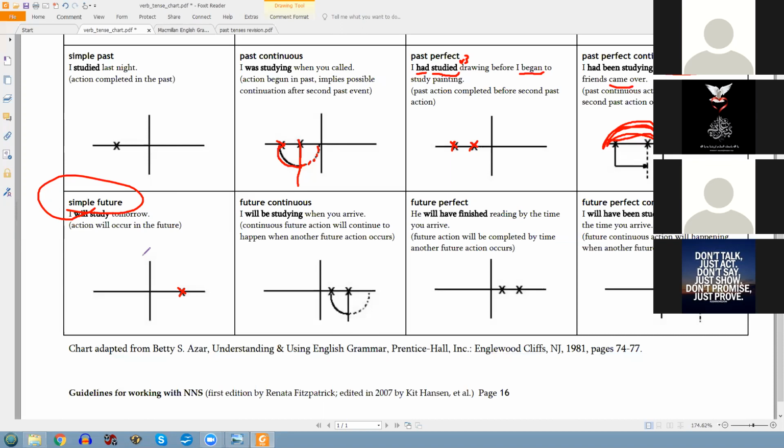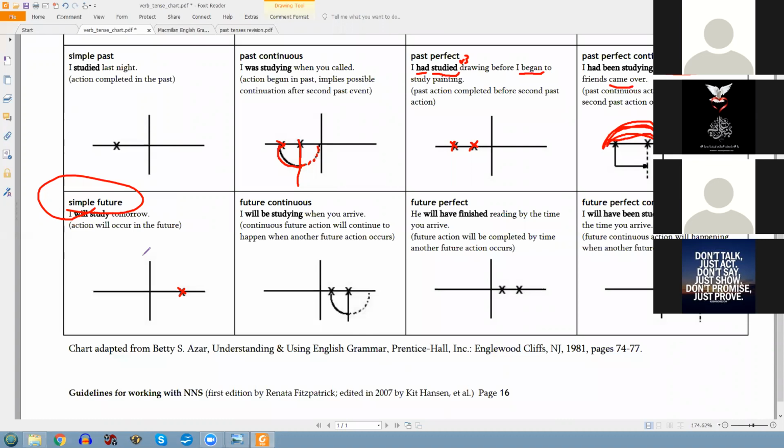Continuous future action. We expect it to continue. I will be seeing Mr. Smith next week for a consultation. The patient will be staying in the hospital, then he will be released or discharged. It's pretty straightforward.